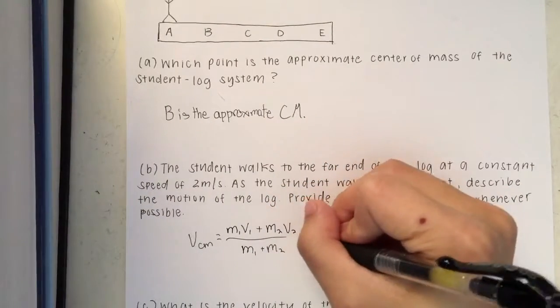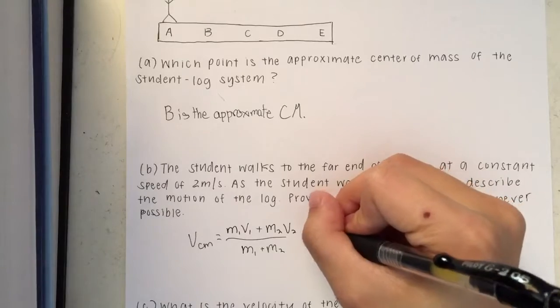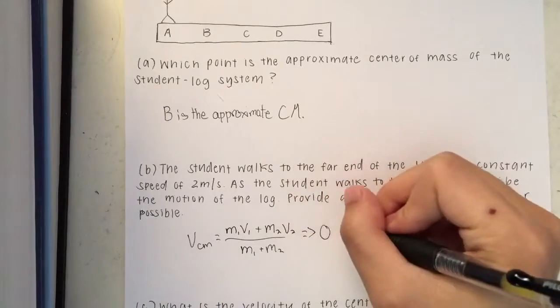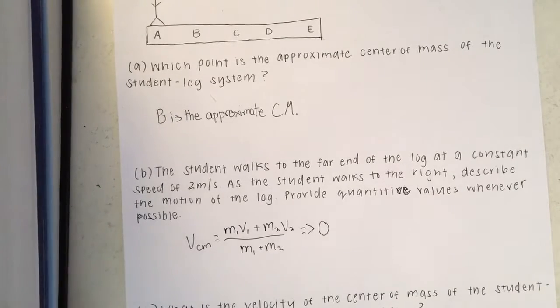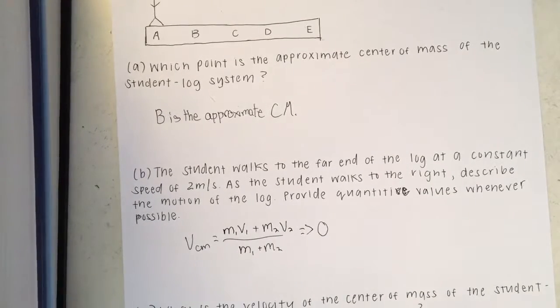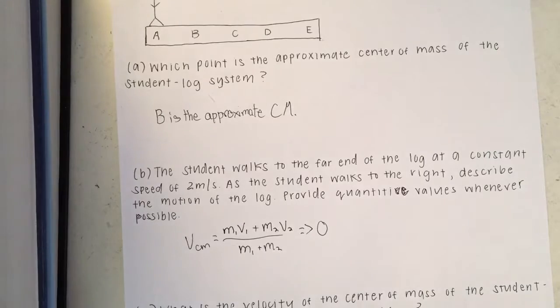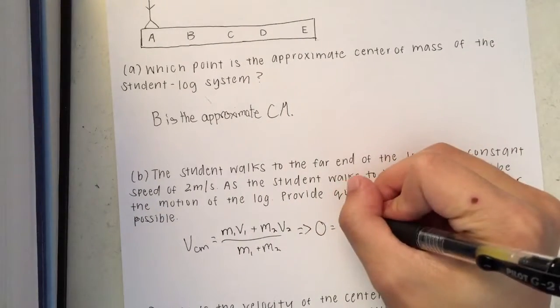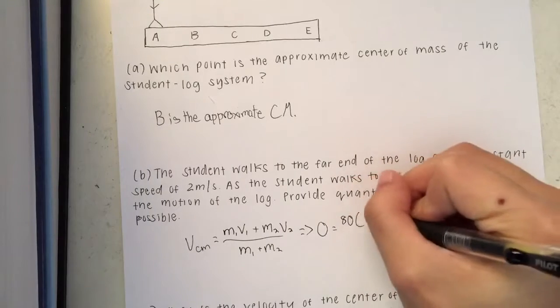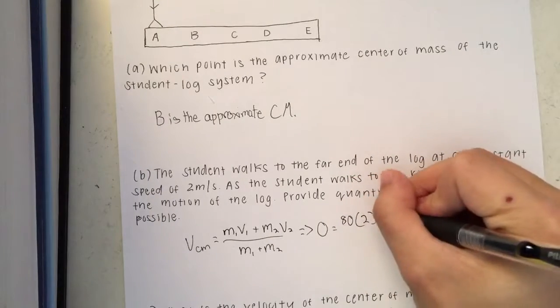So when we plug in the values, which is 0, now the velocity of the center of mass is 0 because there are no external forces acting on the system. So since there are no external forces acting on the system, the velocity of the center of mass stays 0. Mass of the student is 80. It's moving at 2 meters per second.